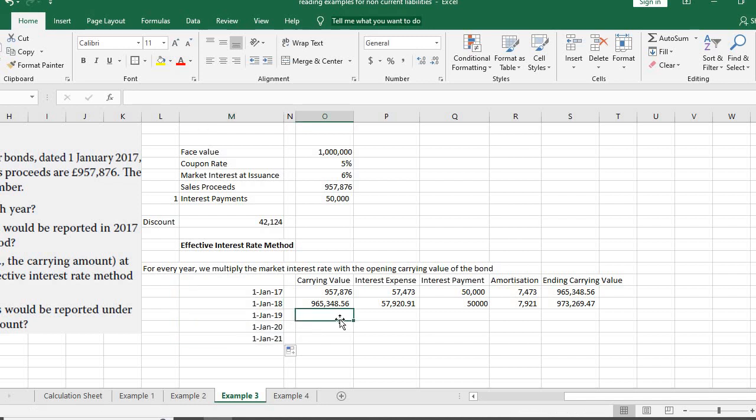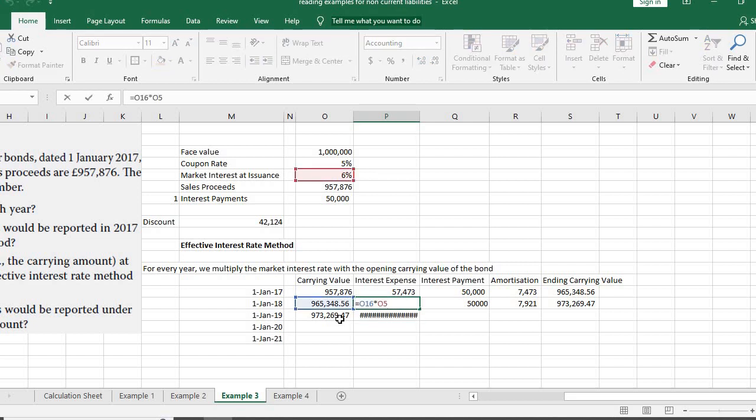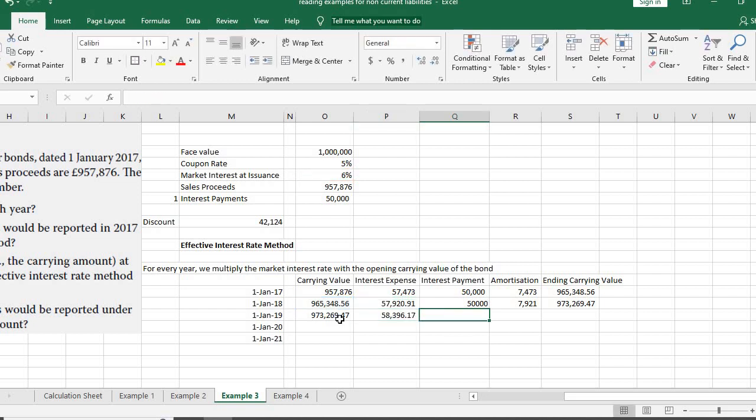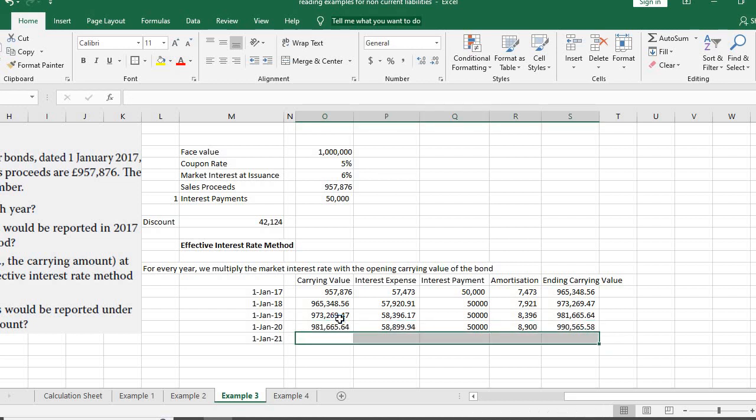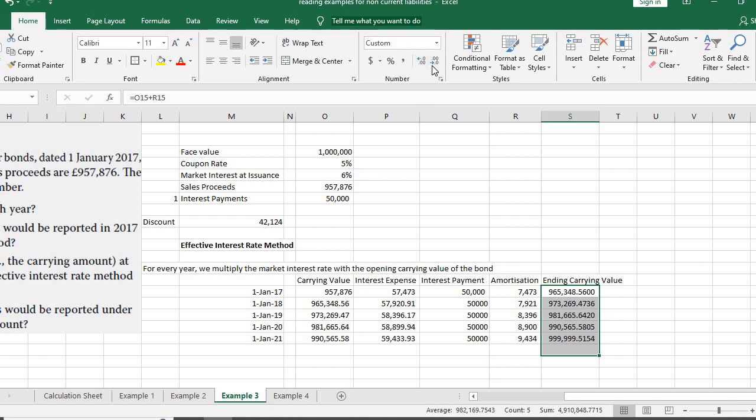So at the end, on 31st December 2021, our bond has almost converged towards a value of £1,000,000.